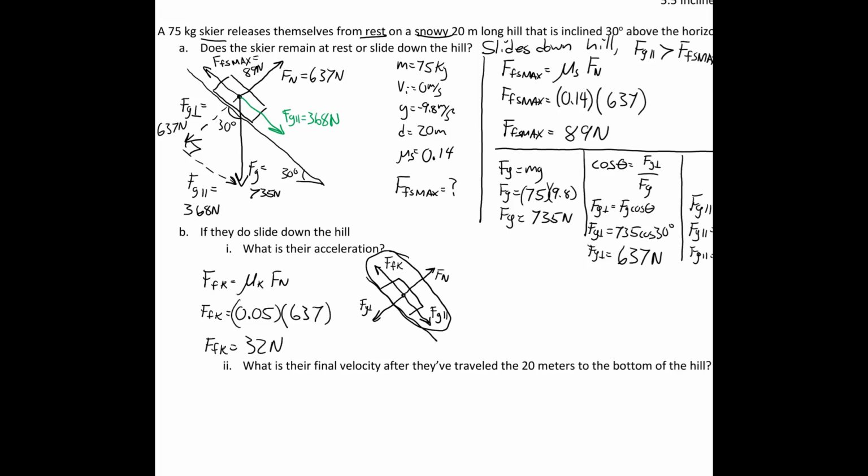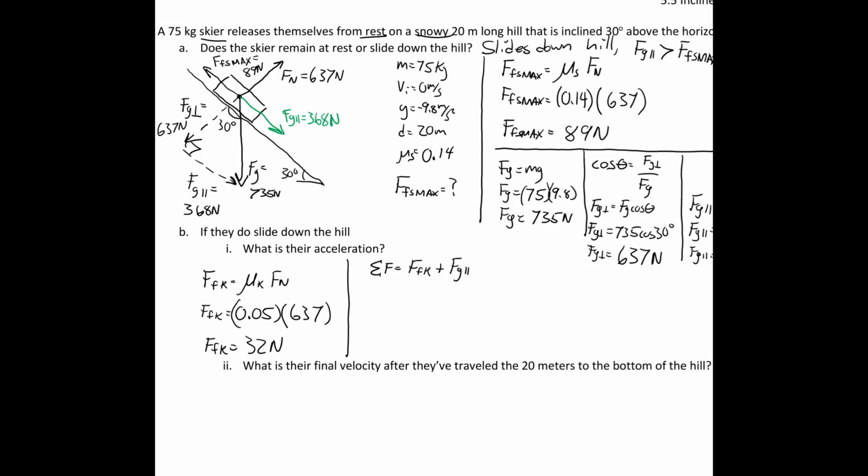The frictional force is only 32, and Fg parallel is 368. So let's find out what that net force is. I'm going to erase this, though. Okay, so to find the net force, we want to just look at the definition of the net force. It's the sum of all the forces. So Fk plus Fg parallel. This is Fk now, just like we had in our previous diagram.